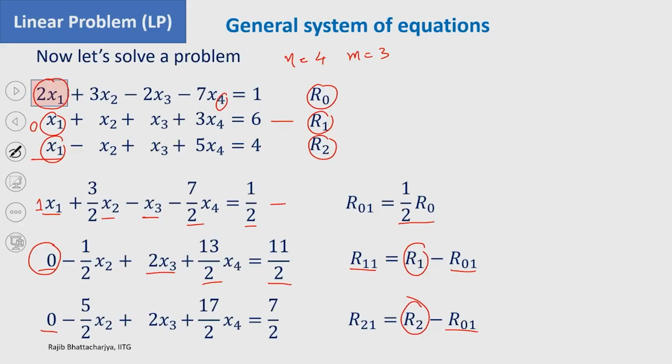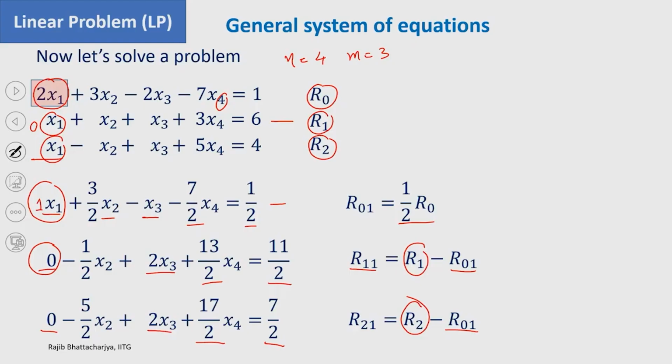This is 0, then minus 5/2 x2 plus twice x3 plus 17/2 x4 equal to 7/2. So, in this operation, I have made the coefficient of x1 in equation 1 as 1, and for the other equations the coefficient of x1 is 0.